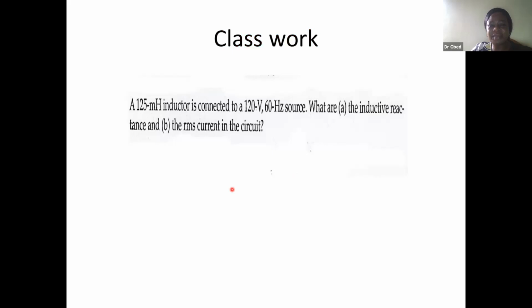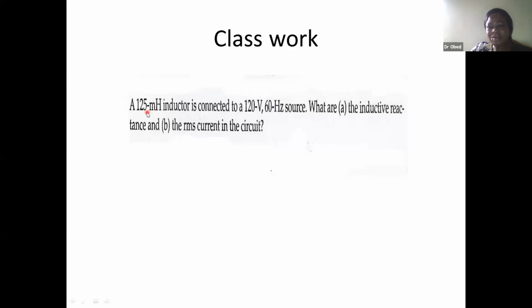So there's a question here. It's actually an example. I want you to write it down. A 125 millihenry inductor. I told you the other time, whenever you have a milli or micro, you must evaluate it by the time you are doing your calculations. Milli stands for 10 raised to the power minus 3.